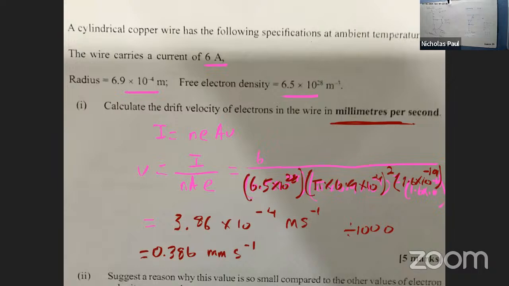It's squaring, fine too. I have a bracket there. Oh yes, that's correct. If we divide by 1,000, right?